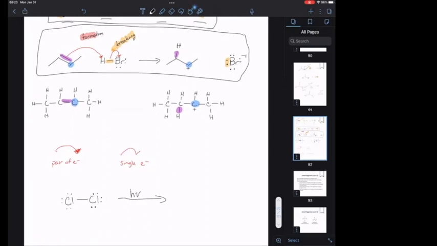So that's what this hν represents. It's not a V. What is it? A nu? I don't remember. Doesn't matter. Some Greek variable. It looks like an H and a V. That always represents light. So chlorine will actually react with light to form what's called a chlorine radical.